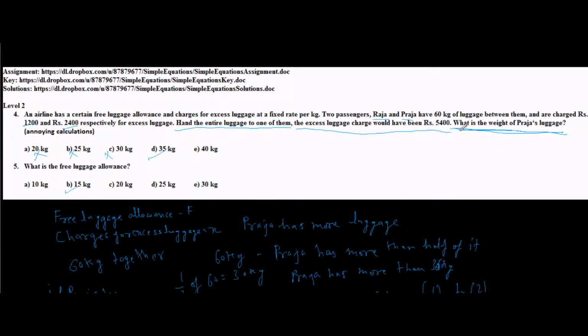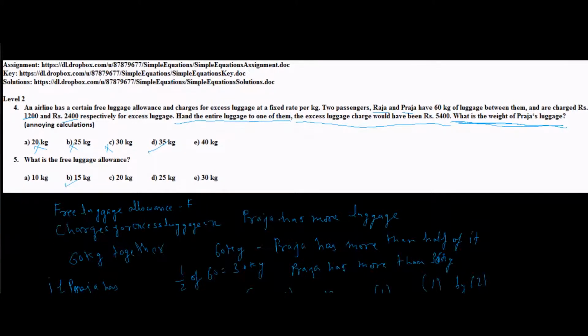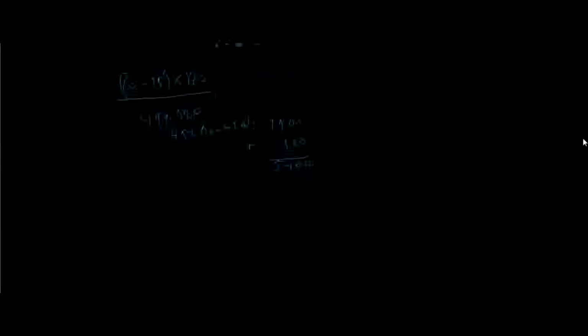In the third problem again we made use of the fact that they asked what is the weight of Praja's luggage, and we started with the fact that Praja's luggage is higher than Raja's, because Raja is charged rupees 1200 and Praja is charged rupees 2400, and then we built upon that information.